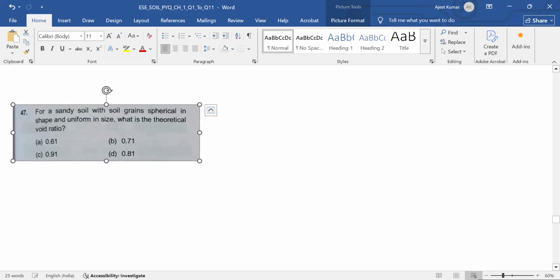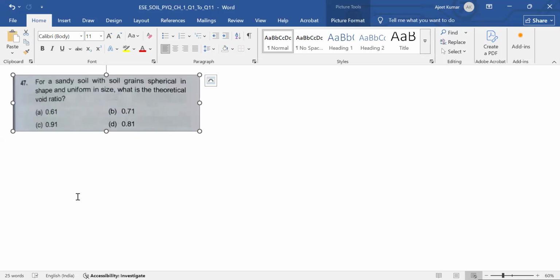For a sandy soil with soil grains spherical in shape and uniform in size, what is the theoretical void ratio? So the maximum theoretical void ratio is 0.91 and the minimum void ratio is 0.35.